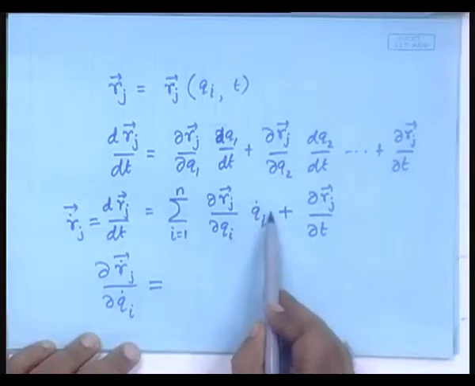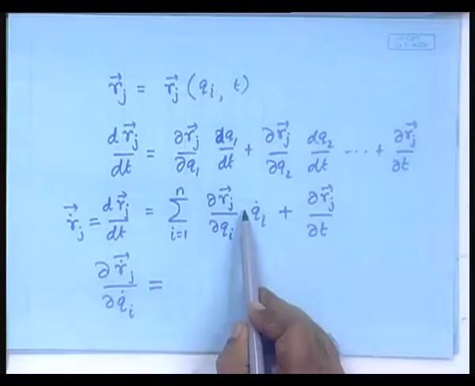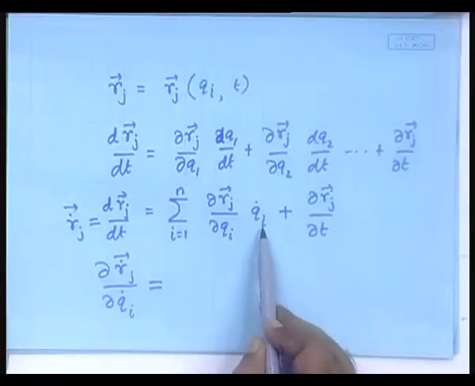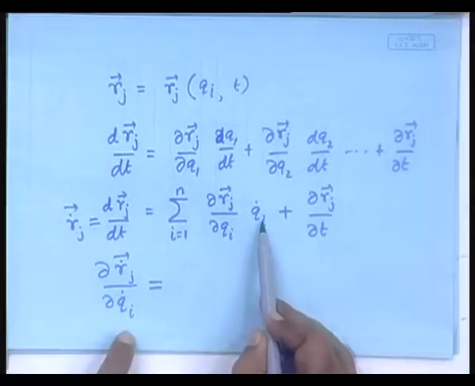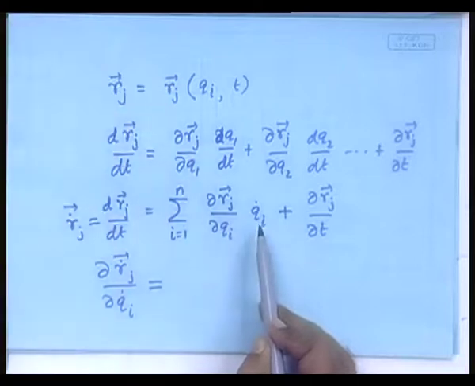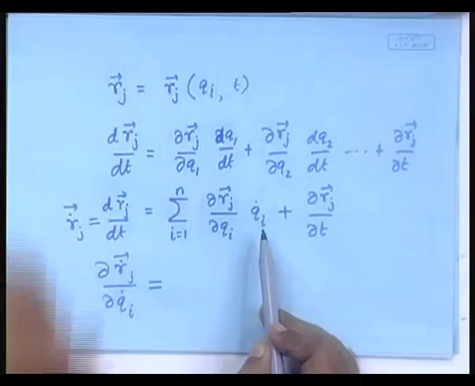This is a generalized velocity in one direction I. So, if we differentiate it with respect to another generalized velocity, you get 0, because each generalized coordinate is an independent quantity.